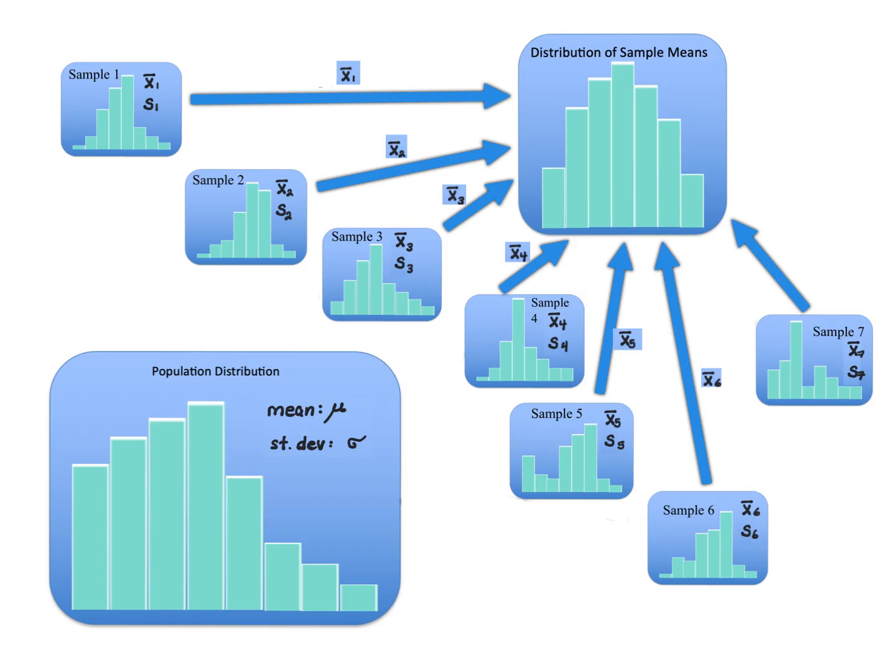And this new distribution is the sampling distribution of sample means. And when we pull all of these means into this distribution, we get a normally distributed distribution, which is what you see here.